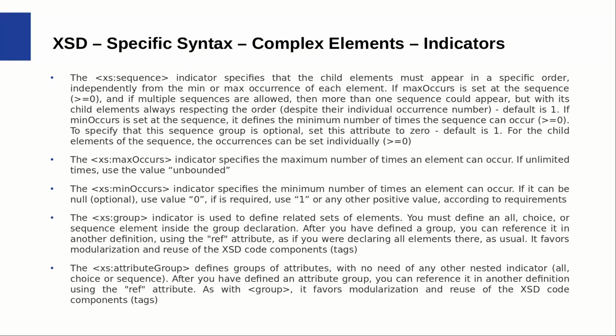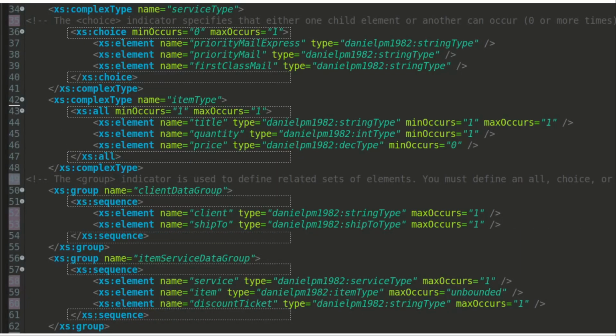So the default is that a sequence order indicator is required and is used at most once, but you can use any minOccurs or maxOccurs both for the sequence element itself as for any individual child element or nested element. So let's jump again to the example.